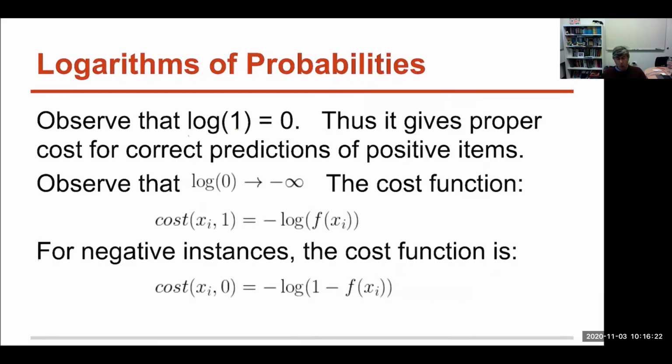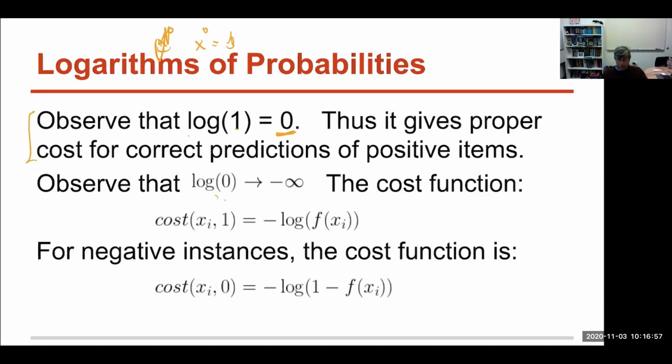The log of 1 is the exponent that you have to raise a base to in order to get 1. But x to the 0 is always going to be 1, so the log of 1 is 0. And this is the correct cost that we want for positive items.